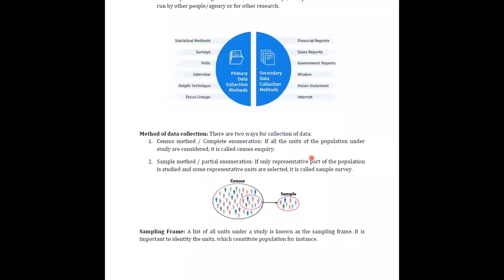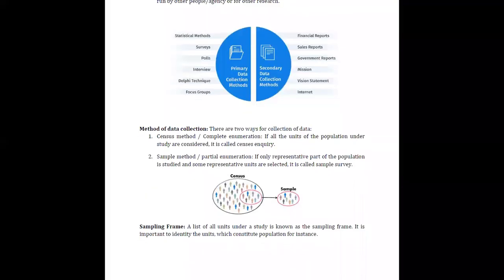Here also we can say there are two ways; we can categorize these data collection methods into mainly two categories. The first one is the census method and the next one is the sample method. We call the census method the complete enumeration method, and the sample method is called the partial enumeration method.